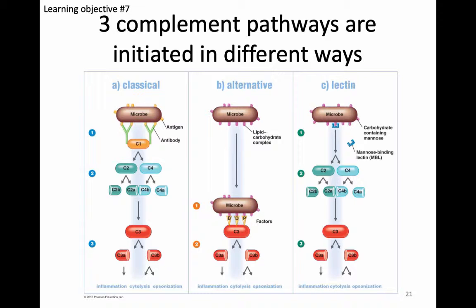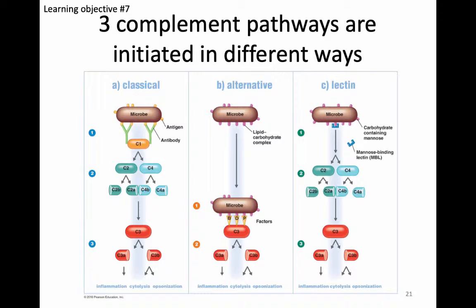Each of the complement pathways shown here is a cascade, where one event occurs and that leads to the next event, which results in the third event in the cascade, and so on. There are three ways that complement pathways can be initiated. I'll describe the first one in detail, although for your exam you just need to know how they are initiated and what the outcome is.